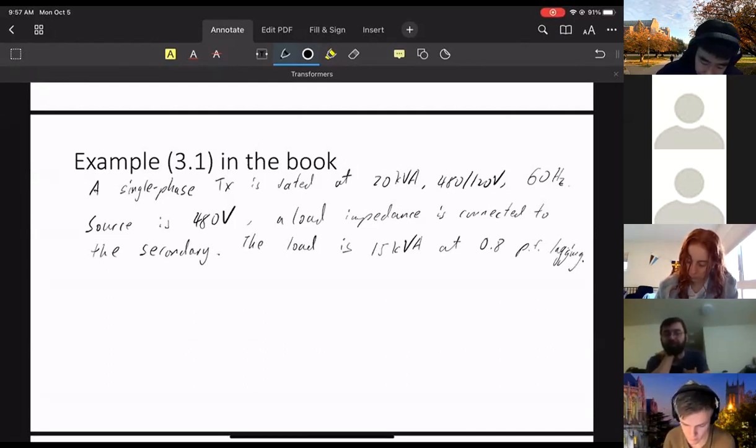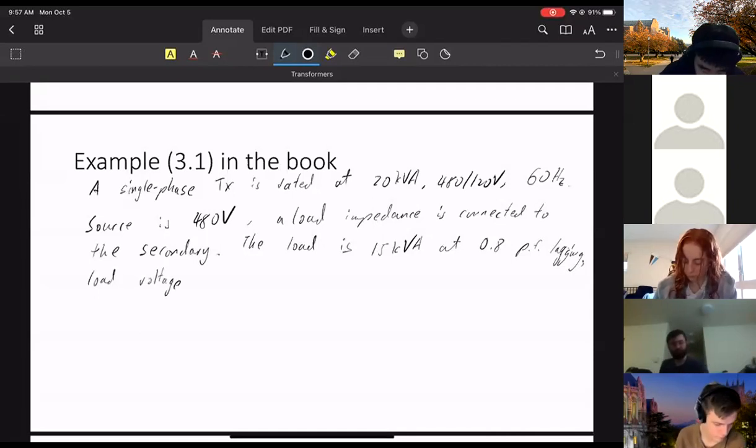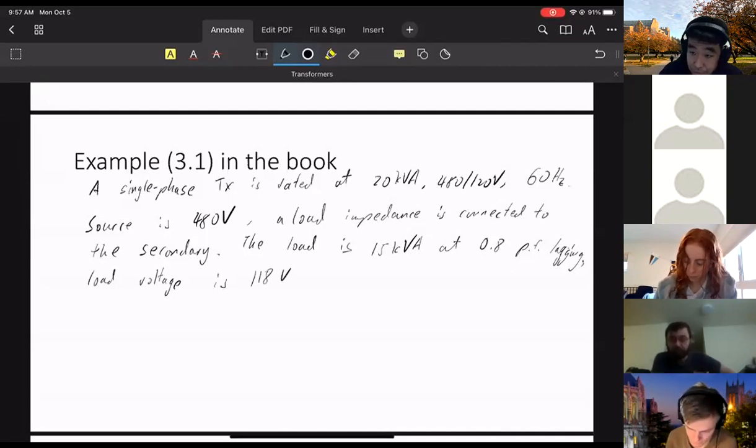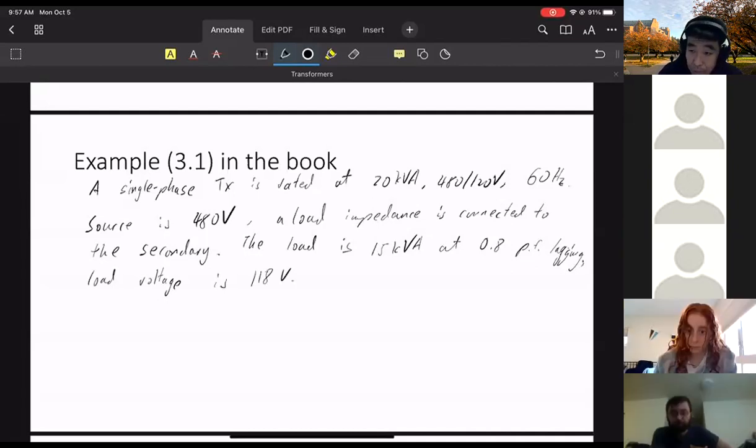And we know the load voltage is 118 volts. We're going to assume the transformer is ideal.